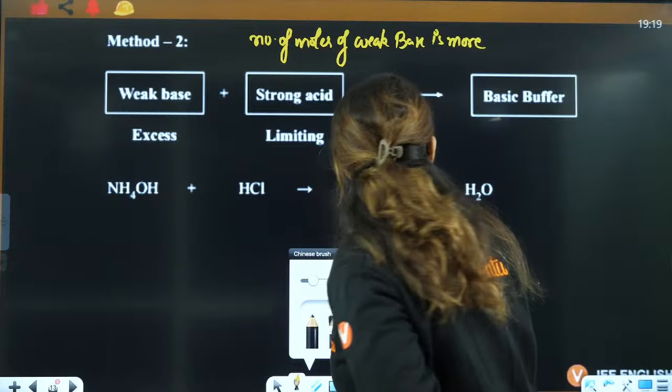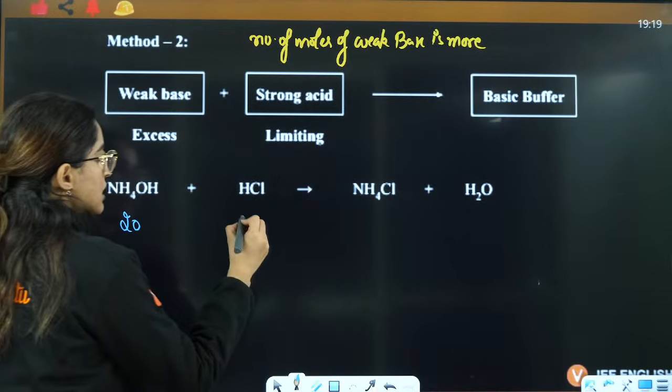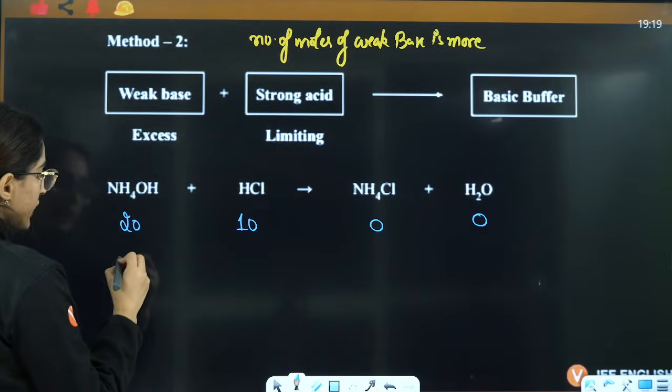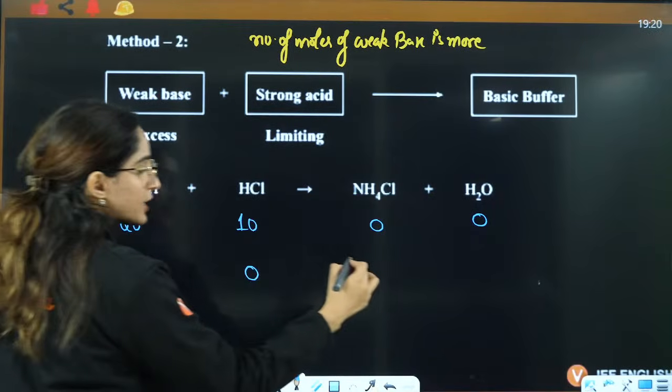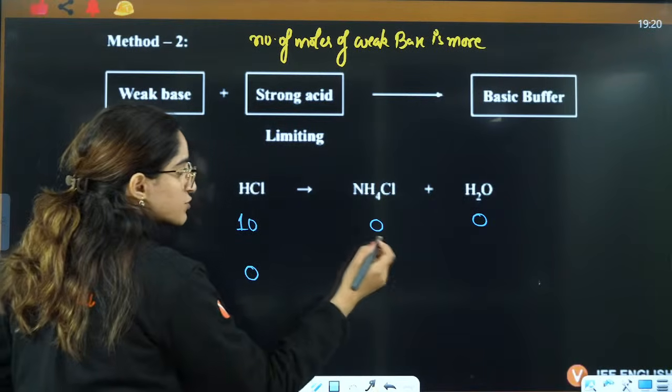Same situation: let's say this is 20 moles and this is 10 moles. 20 minus 10, 10 will be left here, all of the acid will have reacted, and 10 of this will react and form NH4Cl.